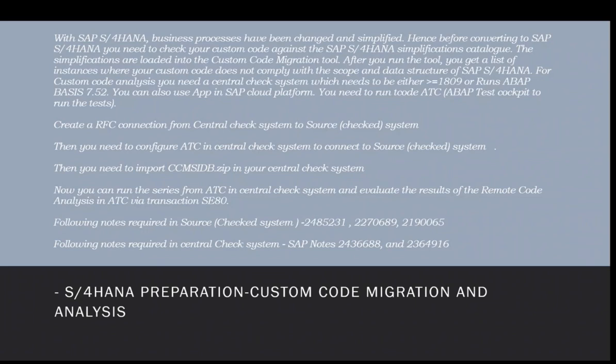The ATC checks will compare the code between your existing ERP system, which is intended to be converted to S/4HANA, and the NetWeaver 7.52 system. It will generate a list of reports which you can refer to for the code adjustments.